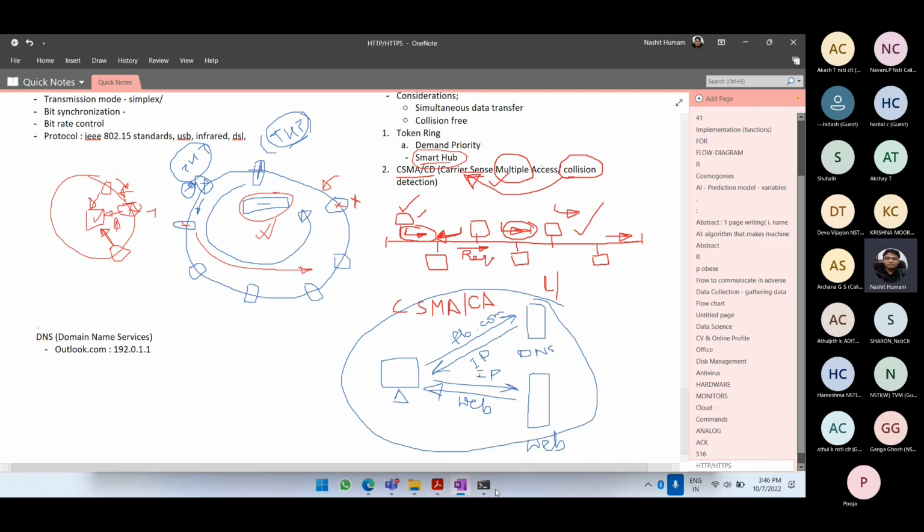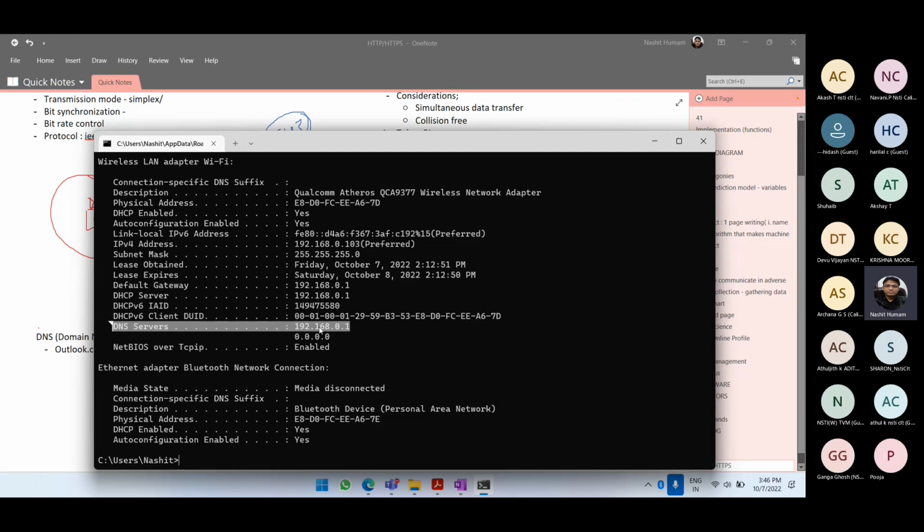In my case, you can see 192.168.0.1. That is the one in my gateway. My ISP, that is having this IP address, is providing me with the DNS servers, and my IP address on the network is 192.168.0.x.